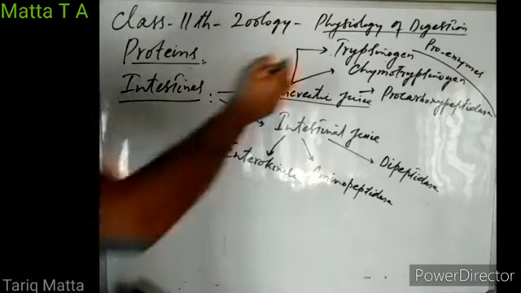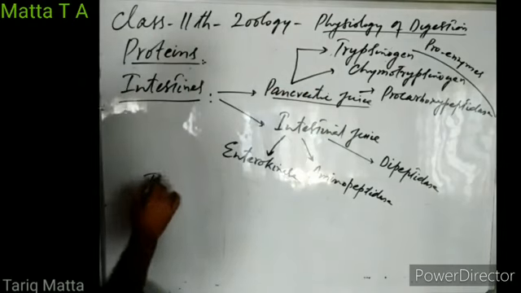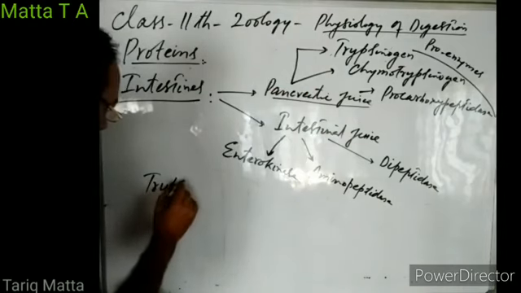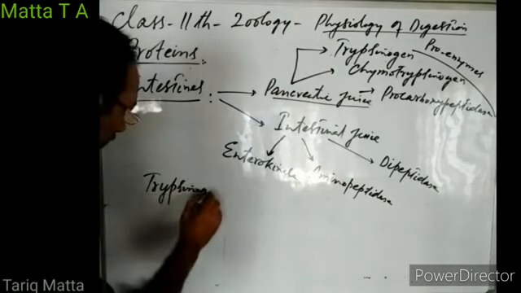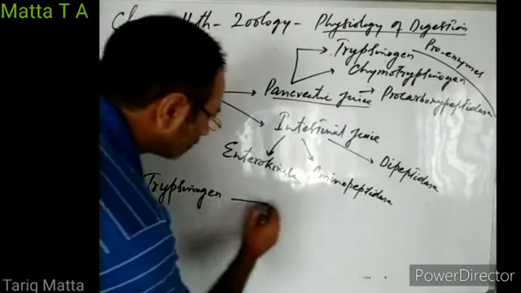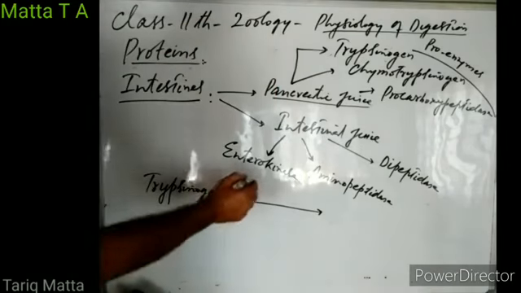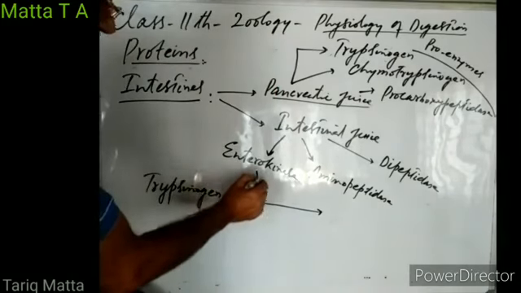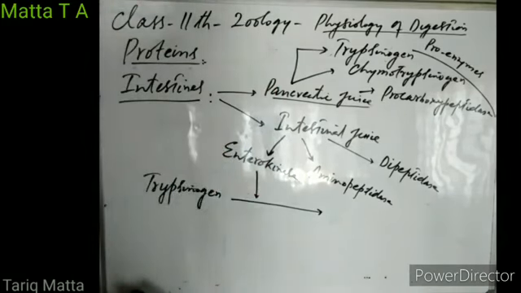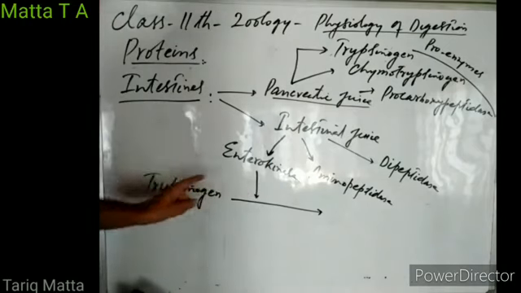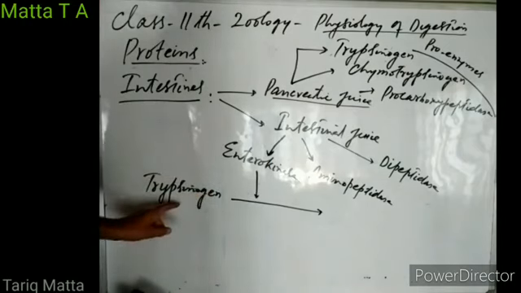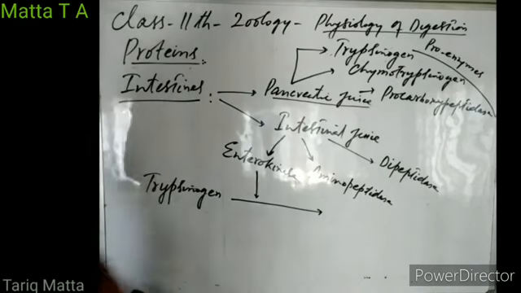First of all, trypsinogen is activated. What activates this trypsinogen? The enterokinase of intestinal juice. It activates trypsinogen into trypsin.